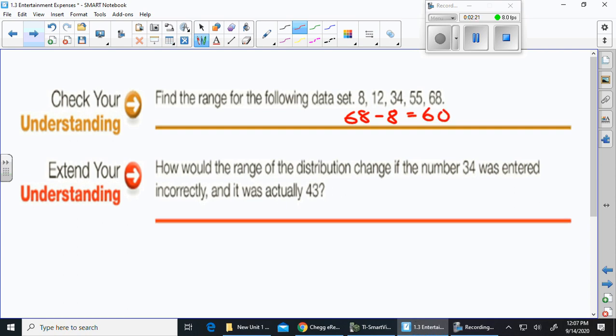The biggest minus the smallest. If someone changed the number 34 and put it as 43, it wouldn't matter, because the biggest number minus the smallest number is still 60. So the range wouldn't change, but other measures would change.